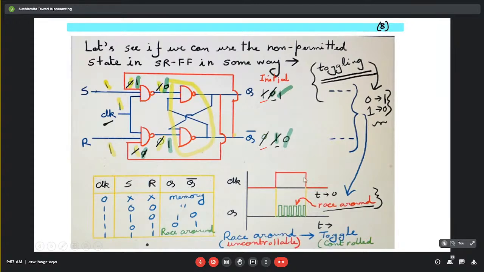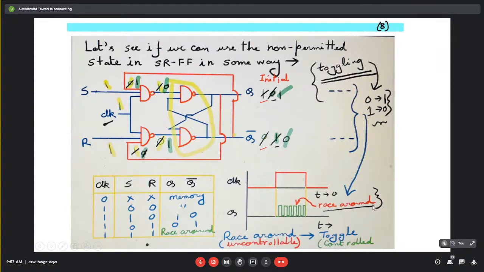If we achieve that by means of putting any kind of additional mechanism, then that will be something useful. And that condition is what we call toggling. When we say output is toggling, that means it changes its condition but in a controlled manner, and that control is actually in the hand of the user.